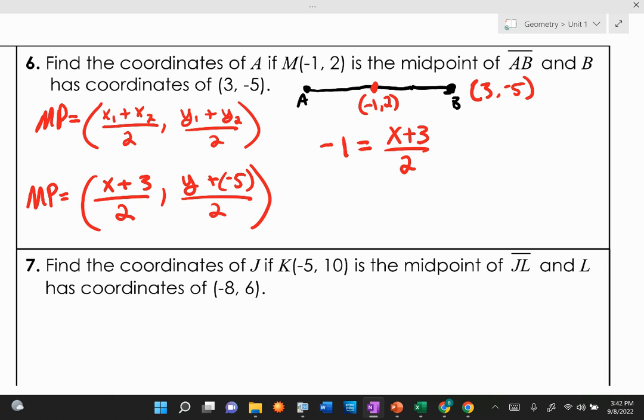So you're going to take your x, and I moved it over here. Why did I set it equal to -1? Because we already have our midpoint. Our midpoint, which is what we were searching for when we learned the formula first, we already have it. So I'm setting the x portion of that formula equal to the x value of the midpoint.